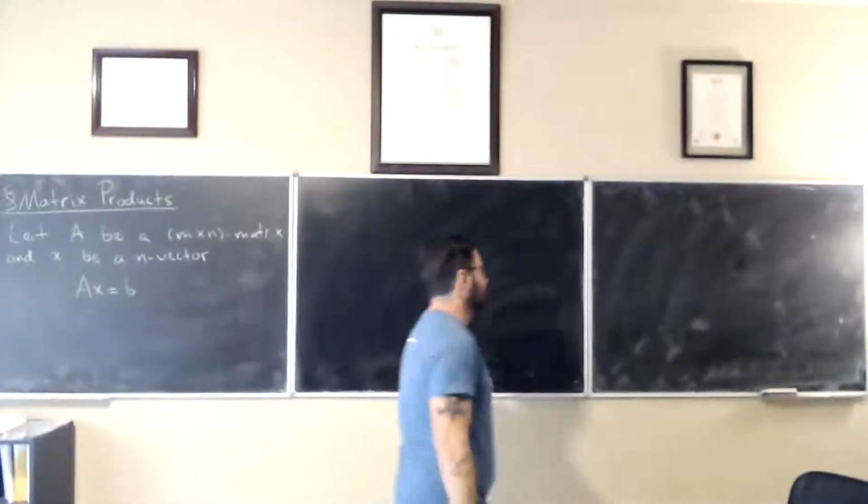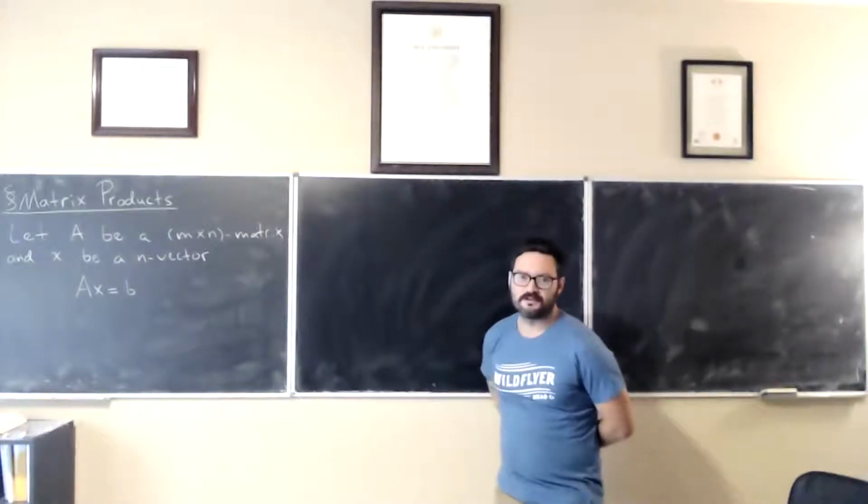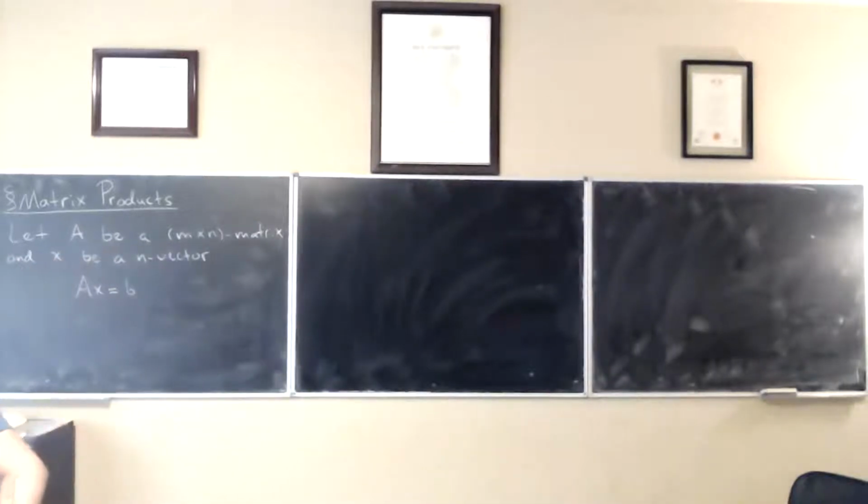Okay. Now, if you look at how this is defined in a textbook, more than likely you're going to see something that's pretty gross. Actually, this book does it well.